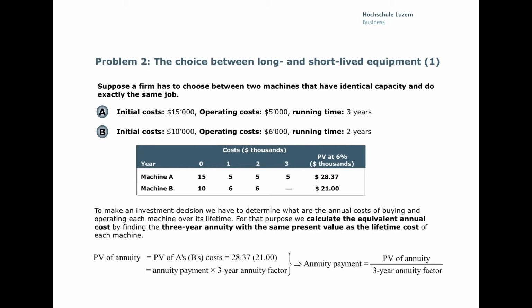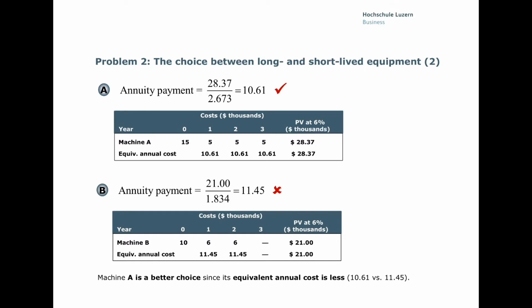The annuity payment is computed as the present value of the annuity divided by the annuity factor. Doing this computation for machine A yields an annual annuity payment of $10,610 and an annual annuity payment for machine B of $11,450. Comparing the equivalent annual costs implies that machine A is a better choice since these costs are lower.